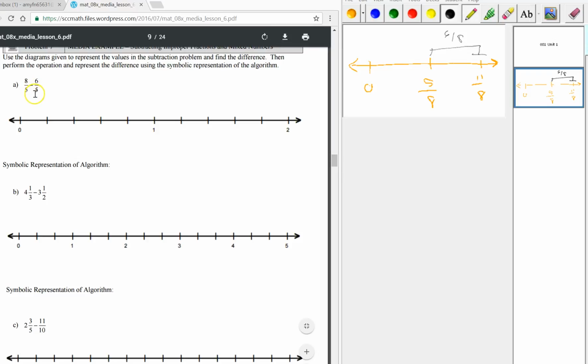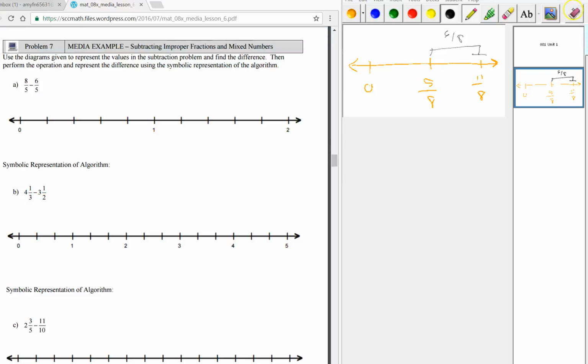So again, connecting that just because they're improper, it doesn't really change the idea of how we're going to subtract here. Here we have mixed numbers, and there is the issue of borrowing. And in the videos, instead of writing out the borrowing, okay, so they could write it.